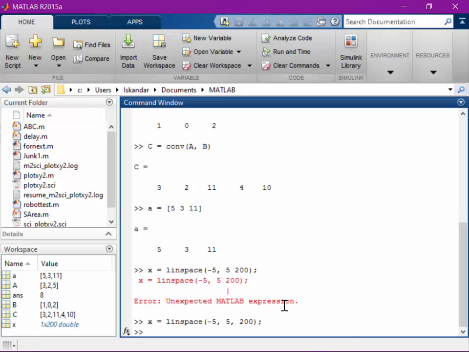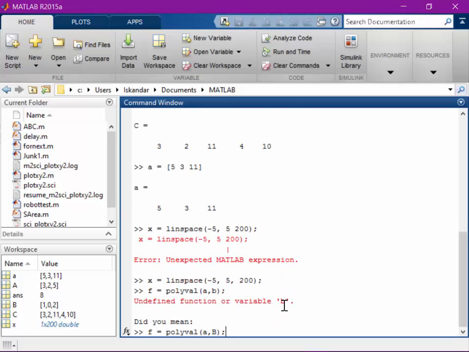Now we're going to say f is equal to polyval of a comma x. This is x.